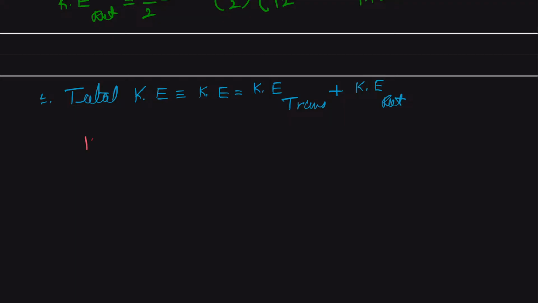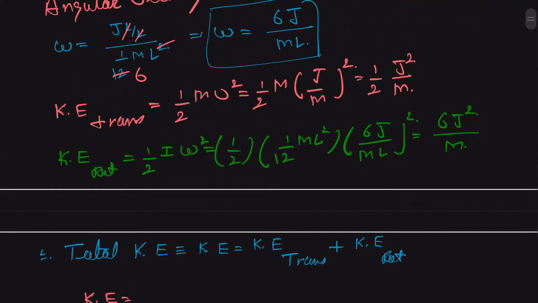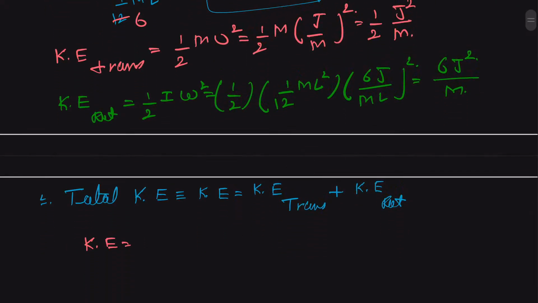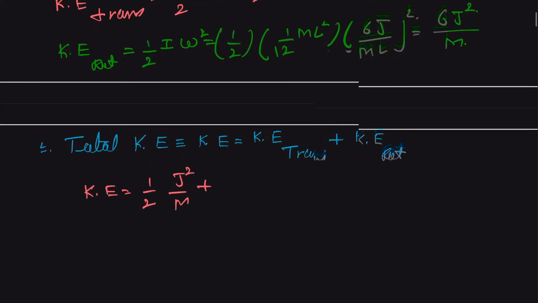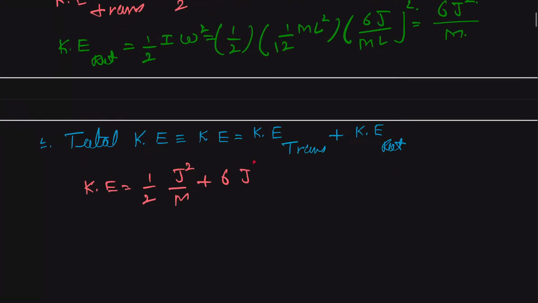This will be equal to our translational, 1 by 2 J square upon m, plus 6 J square upon m. So it will come as 13 by 2 J square upon m.